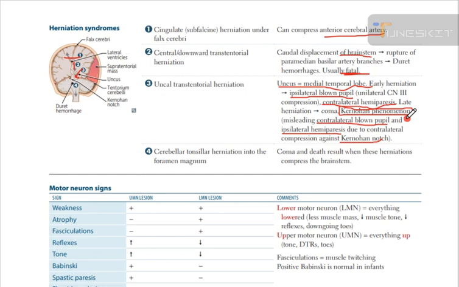Here we are talking about cranial nerve 3.